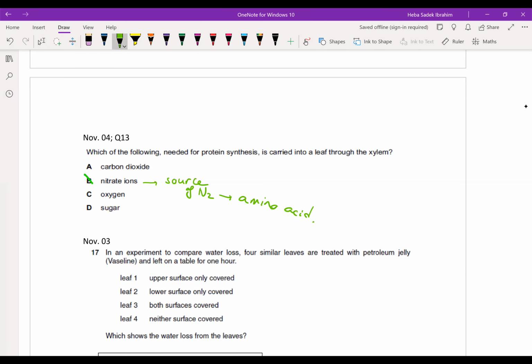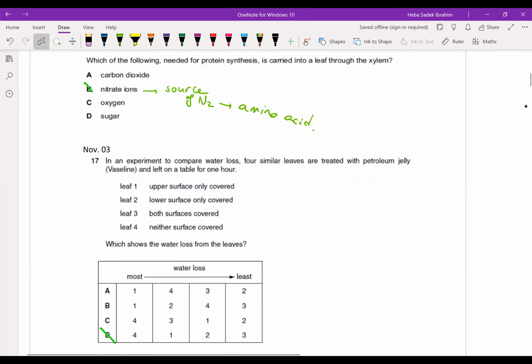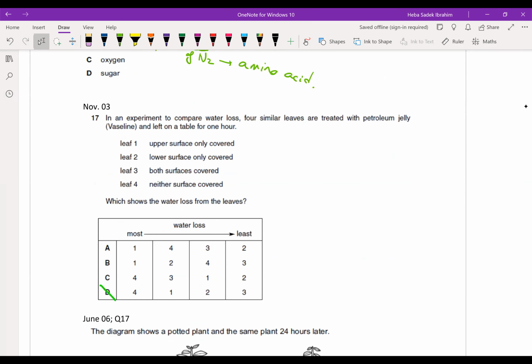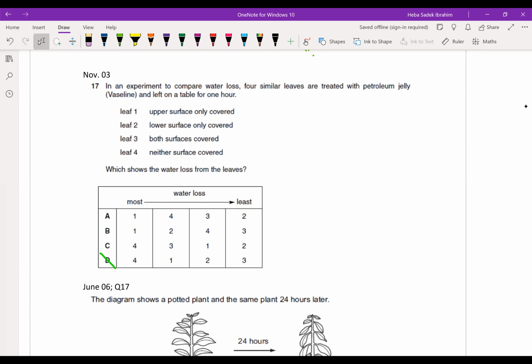Lovely. In an experiment to compare water loss, 4 similar leaves are treated with petroleum jelly and left on a table for 1 hour. We already did this. If you remember, we covered the 4 leaves, once from the top, once from the bottom, and once both sides. Which shows the water loss from the leaves most to least?